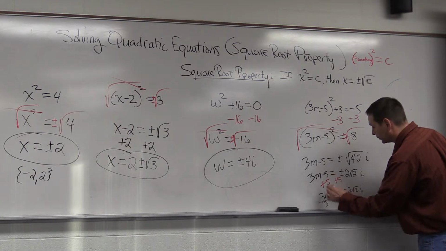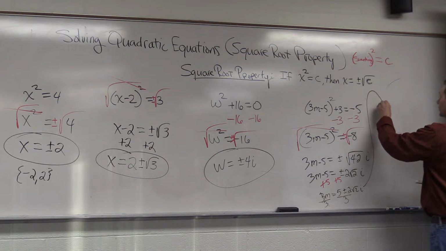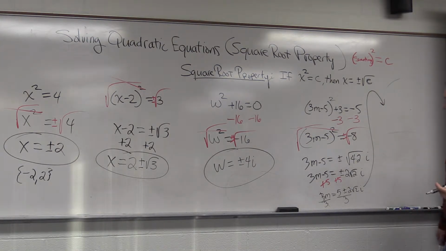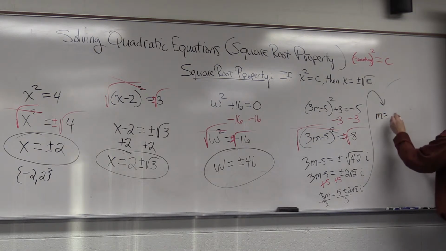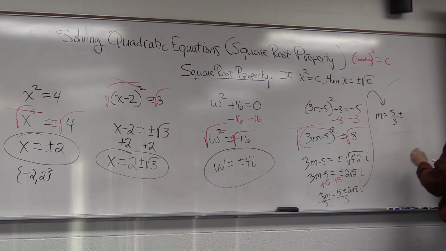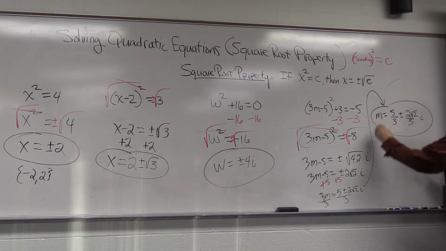I don't mind if you just divide the whole side by 3. It's a complex number, and the standard form for a complex number is a plus bi. So the book will probably write this as 5/3 plus or minus 2 root 2 over 3 i, because you just individually divided each term.